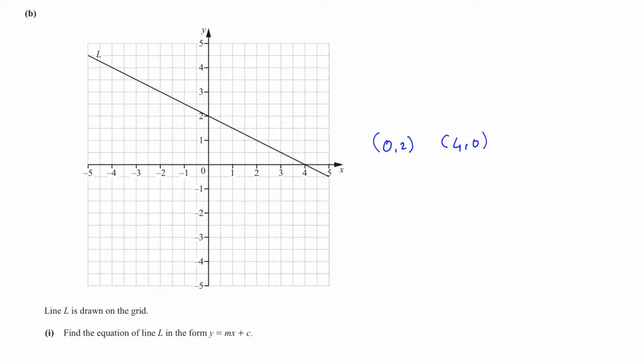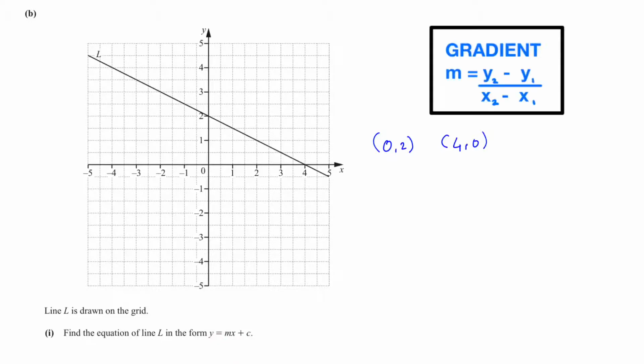The first thing you need to find is m. To find m, or the gradient, we use the formula y2 minus y1 over x2 minus x1. Therefore, the gradient is equal to 2 minus 0 over 0 minus 4, which will give us negative half.